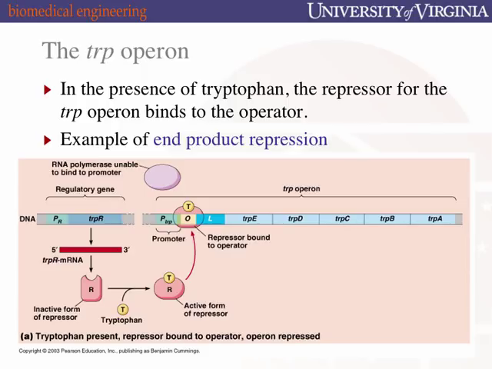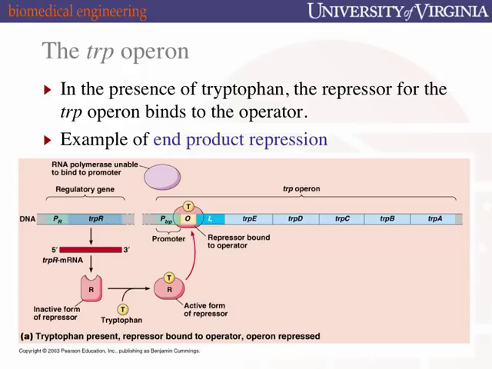However, once that biosynthetic pathway has made enough tryptophan, or there's enough in the environment for it to no longer be necessary to synthesize tryptophan, the excess tryptophan is going to bind the trp repressor, and now you have an active repressor that can recognize the operator on the trp operon and block RNA polymerase from transcribing. You might think they all involve small biomolecules, they all involve repressors, but think about the regulation of this.